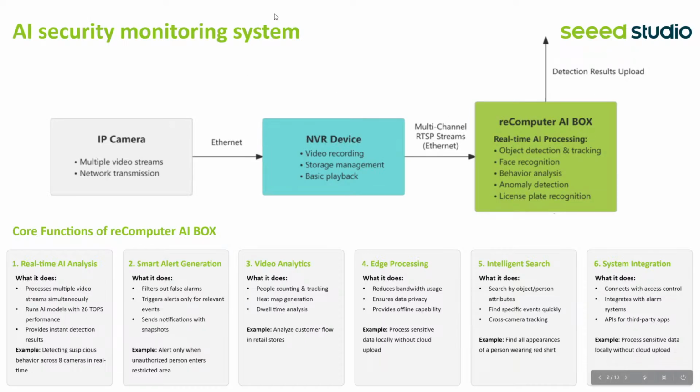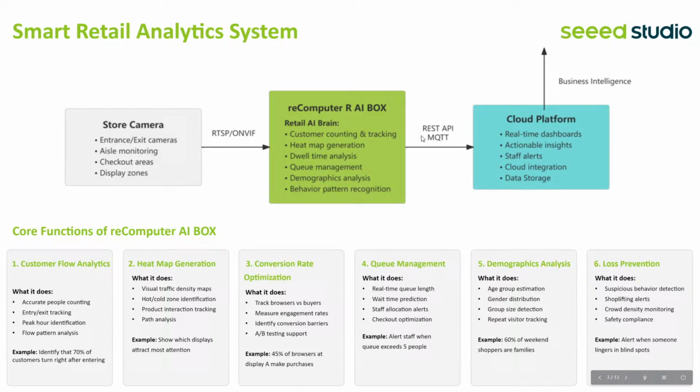One of the classic use cases is a security monitoring system. You can hook up our AI box to the NVR device and run applications like target detection, target tracking, or abnormal behavior analysis, or even integrate with your alarm system and use it as access control.